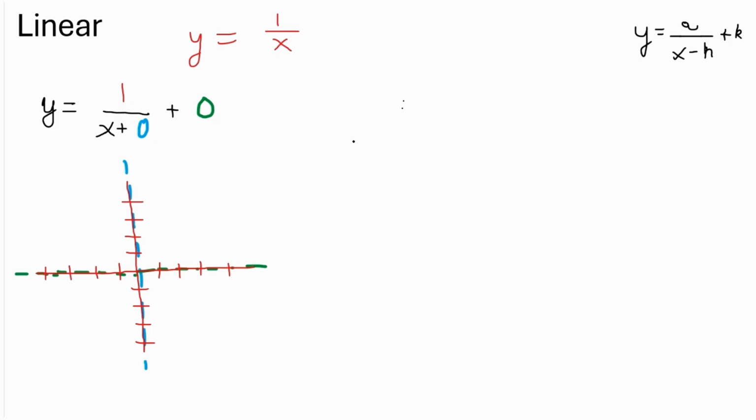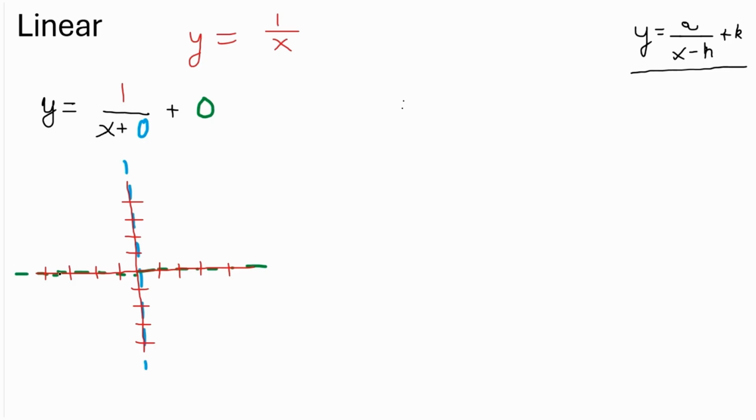Now, first type of graph, let's talk about linears. Linears are in the form y equals a over x minus h plus k. You see how there's no b value? That's gonna be important. First of all, you have your asymptotes.